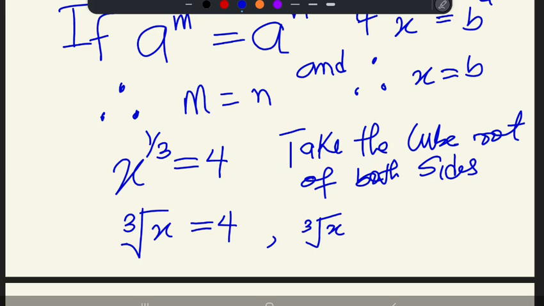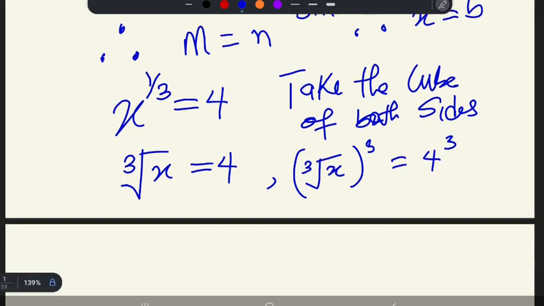Sorry, it will be the cube, not the cube root. We already have the cube root of x, so that is just logic. You take the cube of both sides, so it will be in this form: all raised to power 3, equal to 4 raised to power 3.